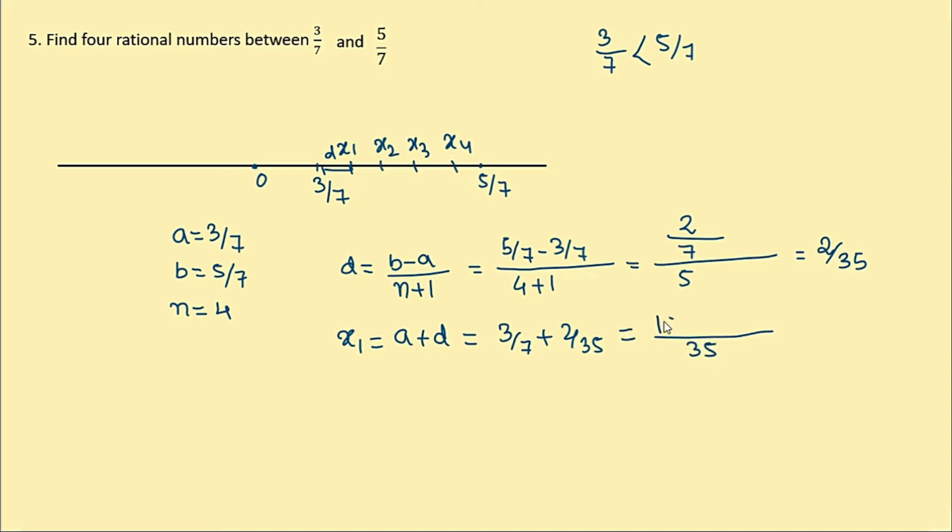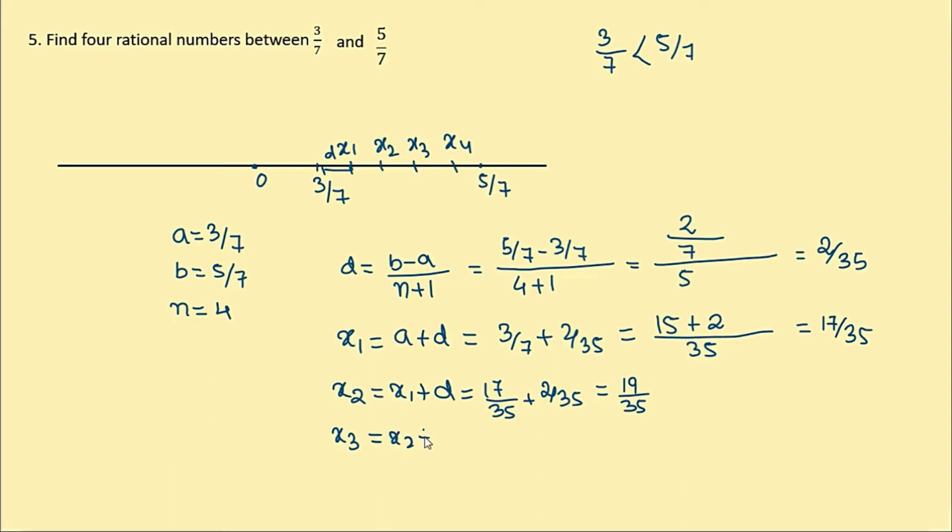So 3 into 5 is 15 plus 2, that is 17 by 35. x2 will be x1 plus D. So x1 is 17 by 35 plus 2 by 35, that is 19 by 35. x3 is x2 plus D. So 19 by 35 plus 2 by 35, that is 21 by 35.